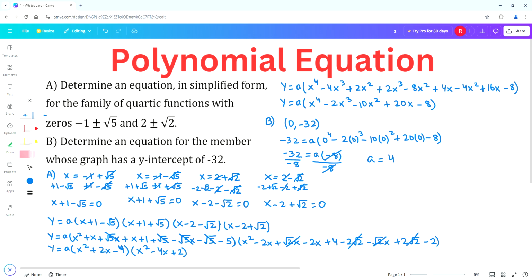Now we can use this value of a to write the equation for the member. This should be the final answer for part B.